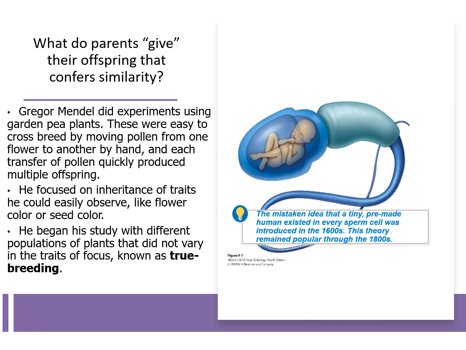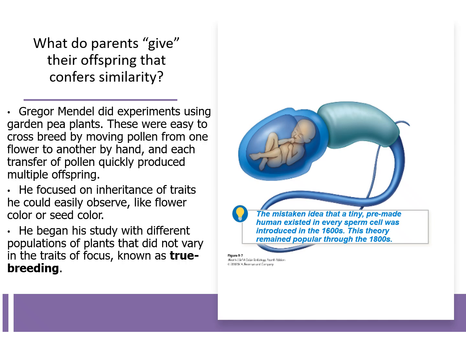Now, I need to introduce you to someone very special. That is Gregor Mendel. He is known as the father of genetics, essentially. And he did a lot of experimentation with pea plants in order to answer this question of what do parents give their offspring that makes it to where the offspring looks quite a bit like the parent.